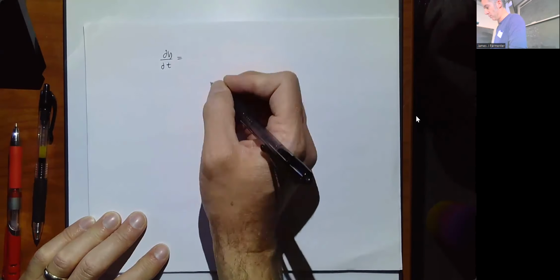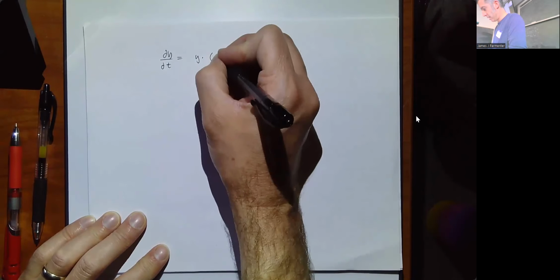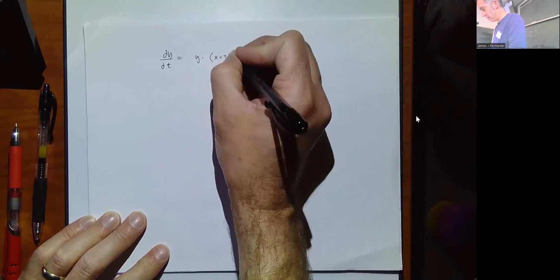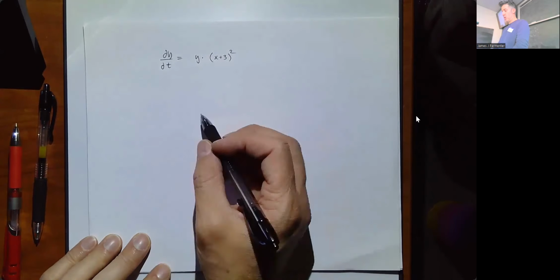Let's say we have something like dy/dt equal to y times (x plus 3) squared.